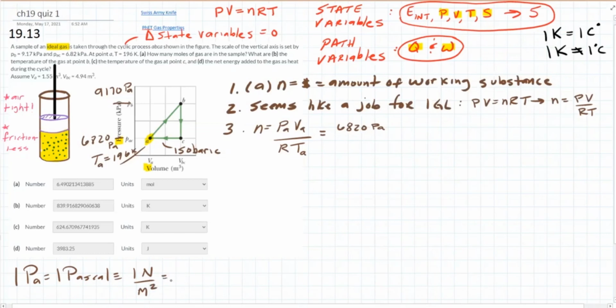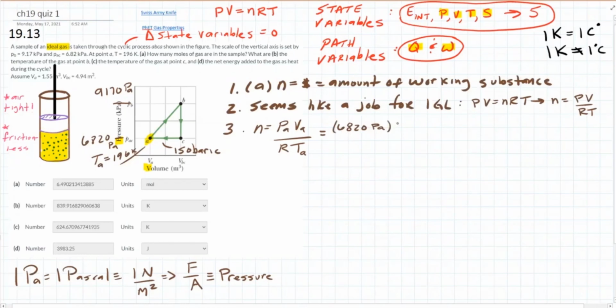And what is a Newton? A Newton is a unit of force. A square meter is a unit of area. And you should recognize force per area is defined as pressure. So that's a quick backtrack on what a Pascal is.